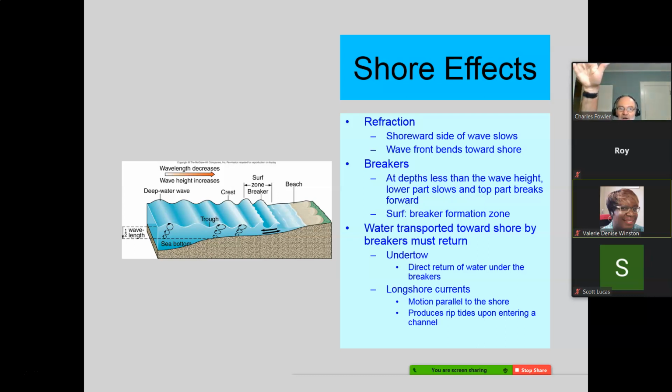Why? These longshore currents, where those waves have come in not parallel to the beach but at an angle, the longshore currents then are motion parallel to the shore. And while I was doing my body surfing, I didn't realize, but every time I did, it was taking me further down the beach.